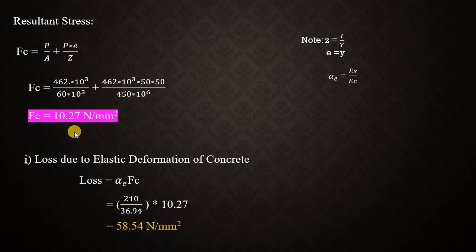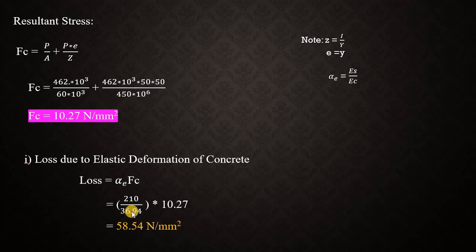So using these values, I can find out how much is the elastic deformation. Always remember, in pre-tensioned system, elastic deformation will be present. This is very important. The formula for elastic deformation loss is alpha E into Fc. Alpha E is nothing but modular ratio, denoted by small m or alpha E. We know the formula for modular ratio is ES by EC, where ES is Young's modulus of steel and EC is Young's modulus of the concrete.